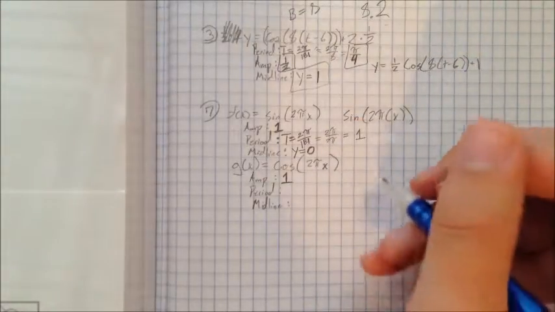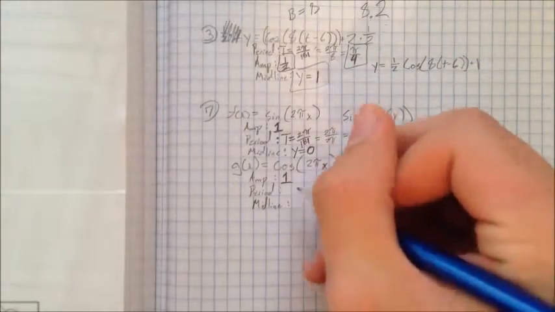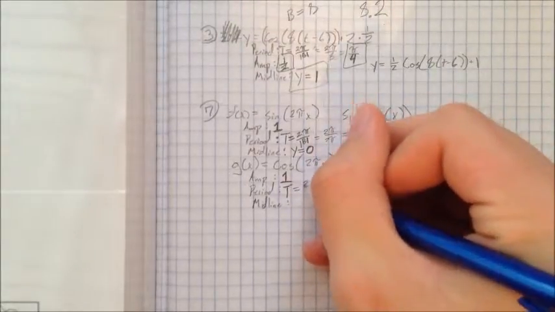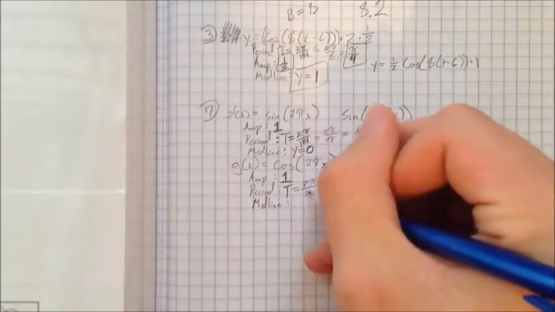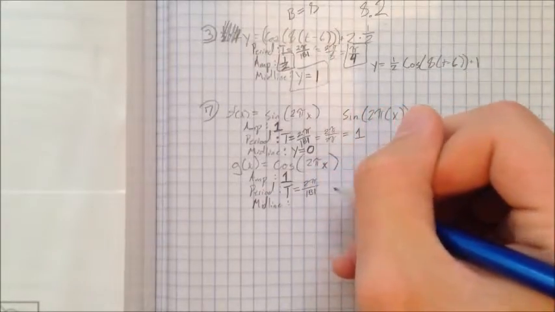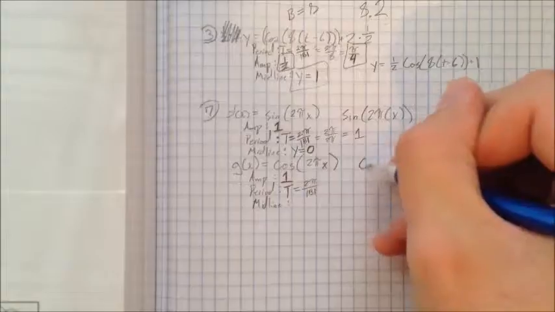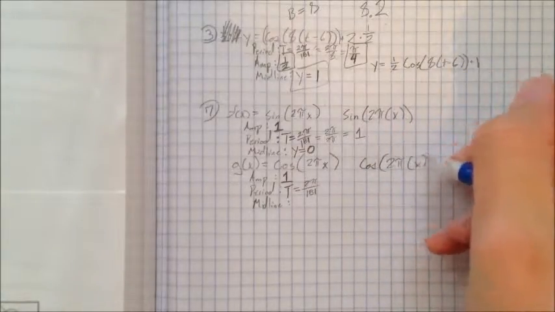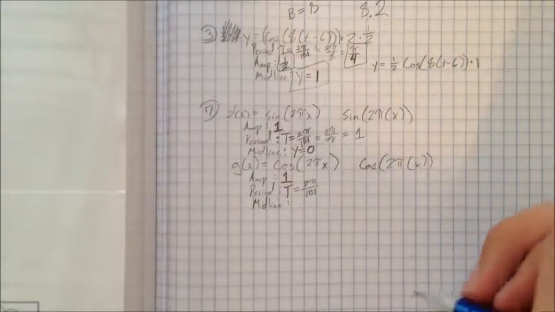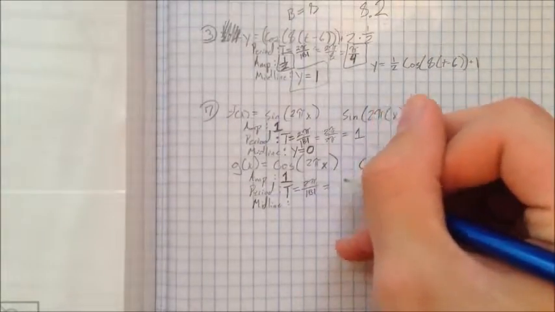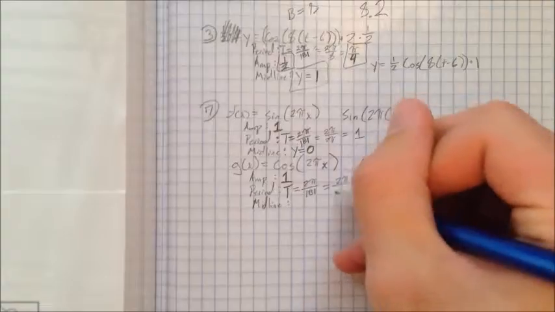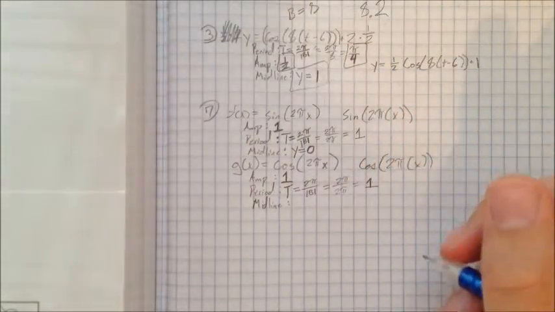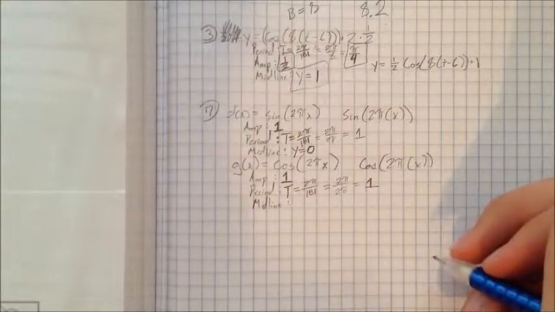Easy enough. Period. Well, we're going to do the same thing as before. Set period equal to 2 pi divided by the absolute value of b. Cosine of 2 pi x, 2 pi is our b value. So 2 pi divided by 2 pi is equal to 1. So our period is 1.